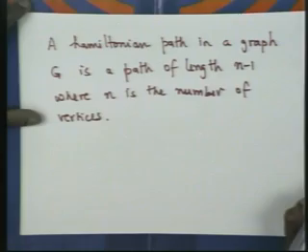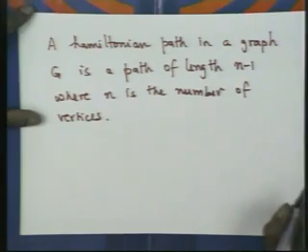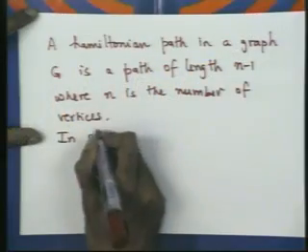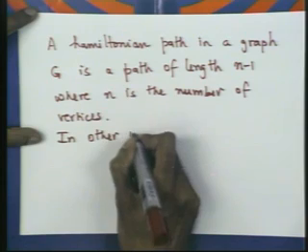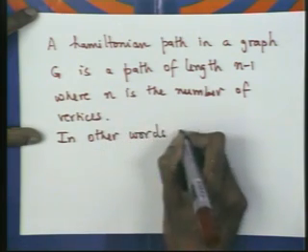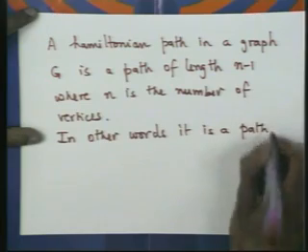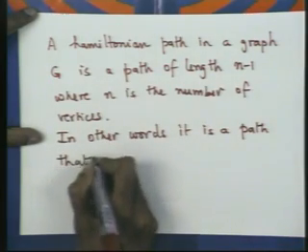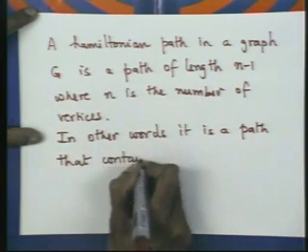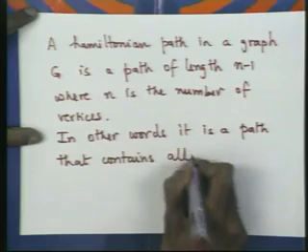Okay, it's a path of length n minus 1, where n is the number of vertices. In other words, it's a path which spans all vertices. In other words, it is a path that contains all vertices.